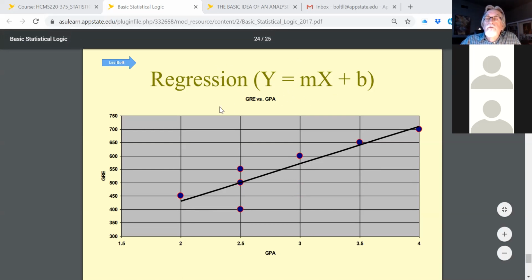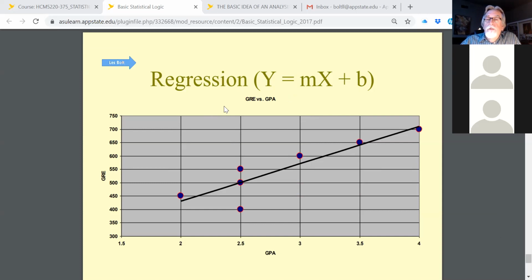Now, R values have a distribution. It's somewhat similar to the analysis of variance distribution. And it's only half a curve because negatives and positives in terms of strength mean the same thing. The sign just tells you direction. And each of those curves is defined by degrees of freedom related to number of cases.